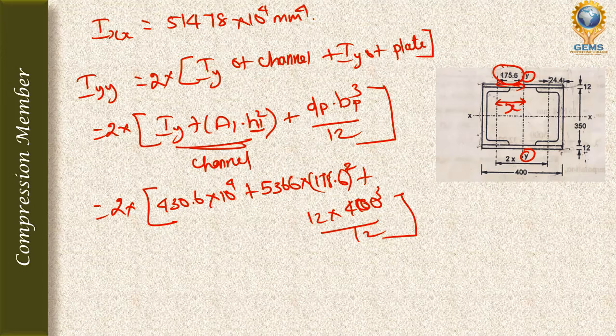So this is the IYY. IYY value is equal to 46753.7 into 10 to the power 4 mm power 4.